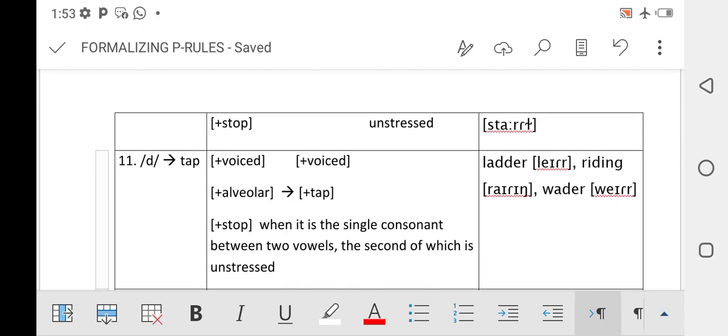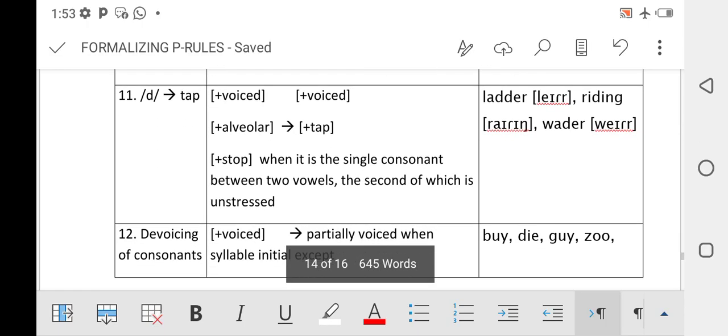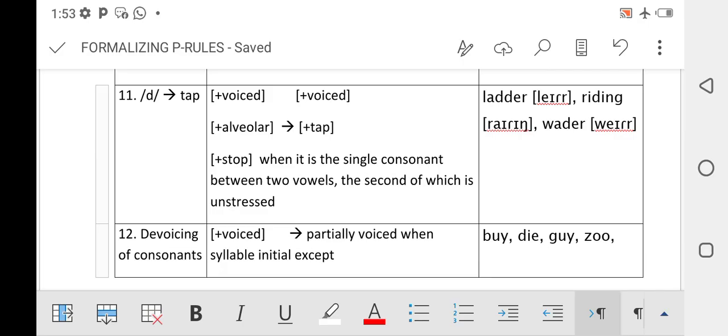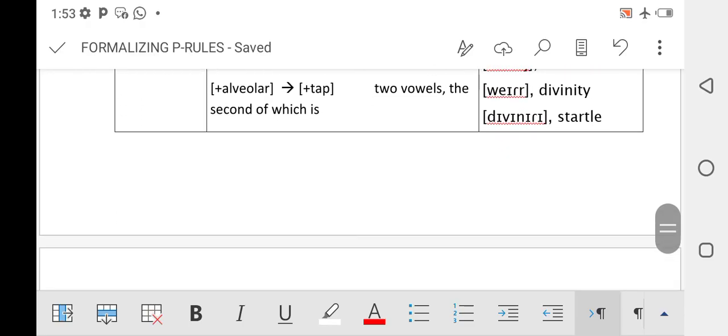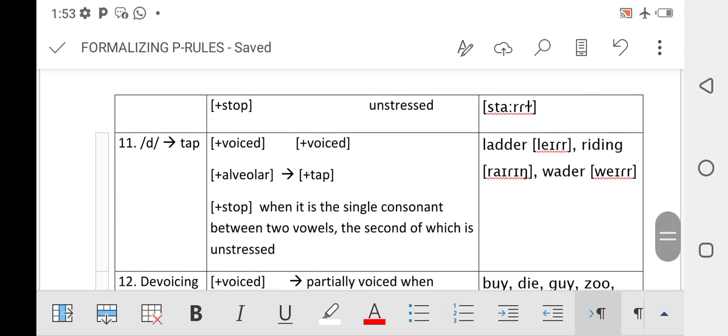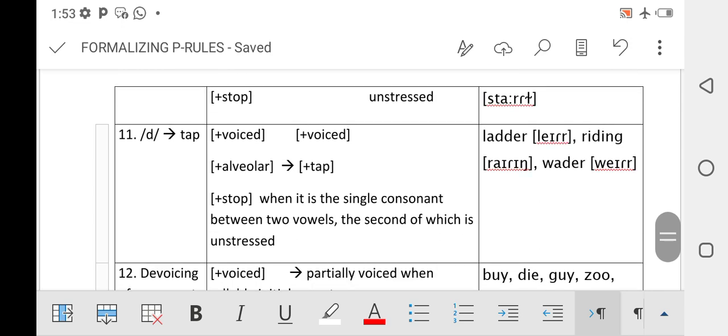Now the d also becomes a tap, as in ladder. Okay, now it's sounding the same way, later and ladder. So you will have to know whatever word you are looking at before you start that pronunciation, but this usually happens in the American kind of pronunciation.